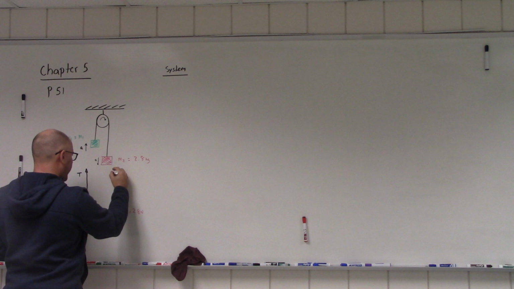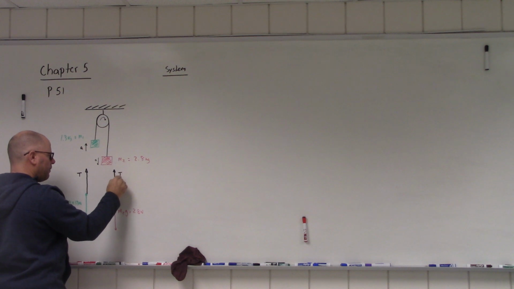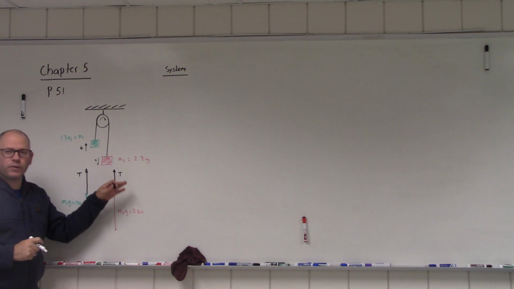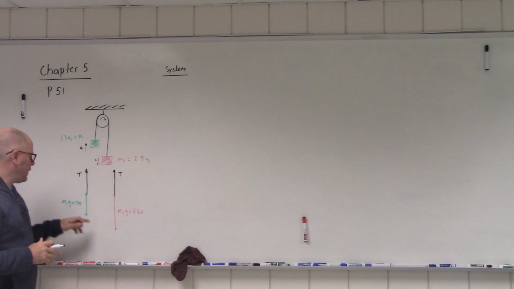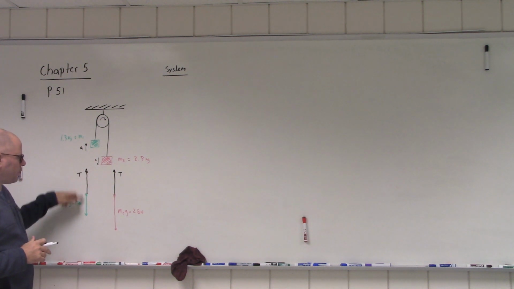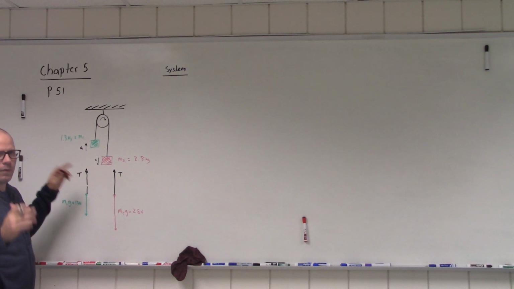But over here, the tension in the cable has to be less than this guy's weight because this guy's accelerating down. And it's one piece of string, so the tension has to be the same. So the tension has to be bigger than this one, smaller than this one, but equal to itself. That's the deal.